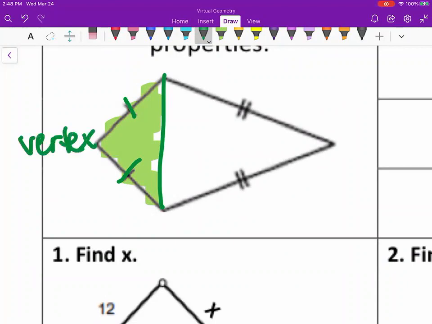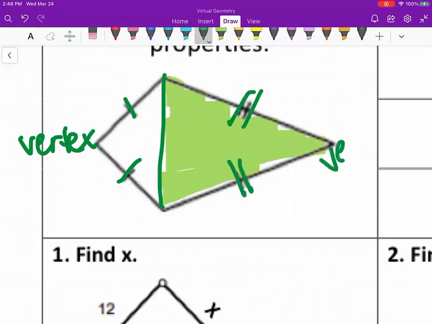The vertex, the spot where the two legs come together, is still going to be called a vertex in this kite. And the same thing happens on the other side: I get the other isosceles triangle with its two congruent legs and another vertex.